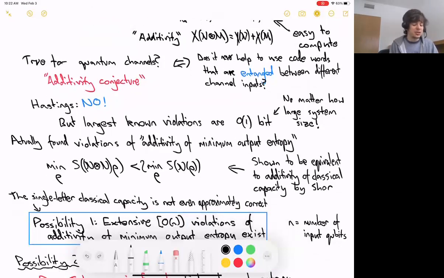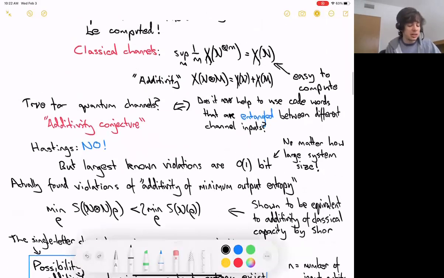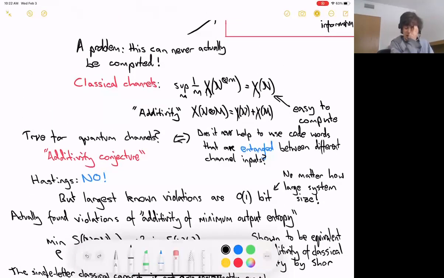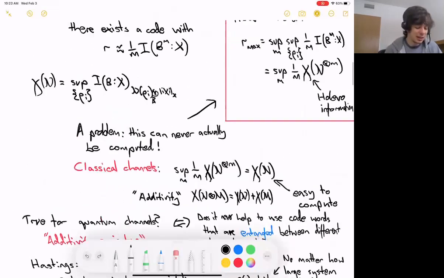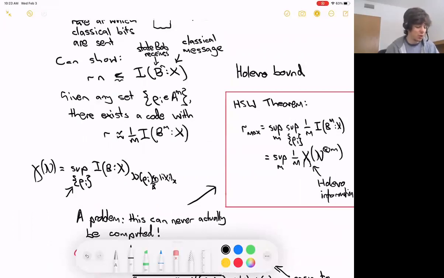And the size of the violations for this minimum output entropy are the same as the size of the violations for the classical capacity. And the inequalities are in the same direction in both? So no, it's the opposite direction actually. In this case, one direction is trivial for each of them, right? With chi, we're maximizing over all rho i.